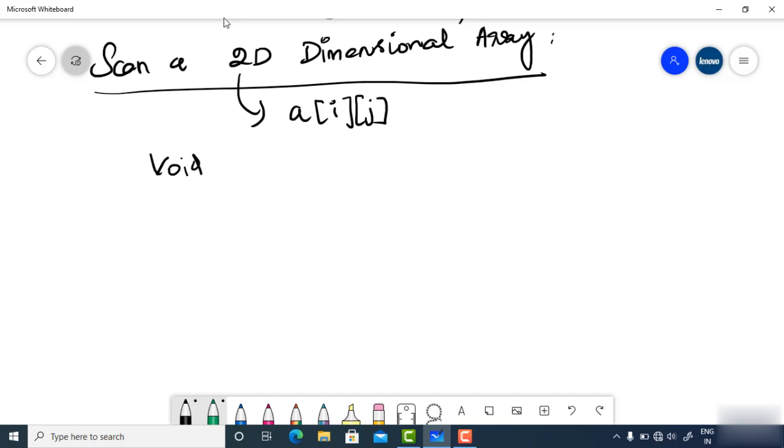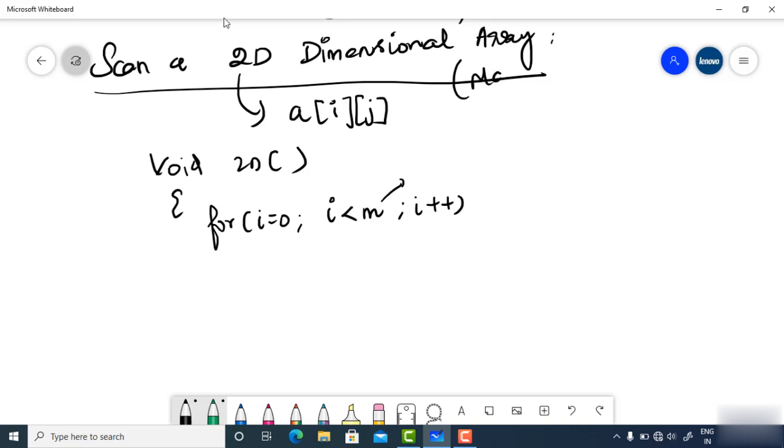So void 2D, for i equals 0, i less than m, where m is the number of rows. Rows in the two-dimensional array is nothing but the matrix. So m denotes the number of rows.